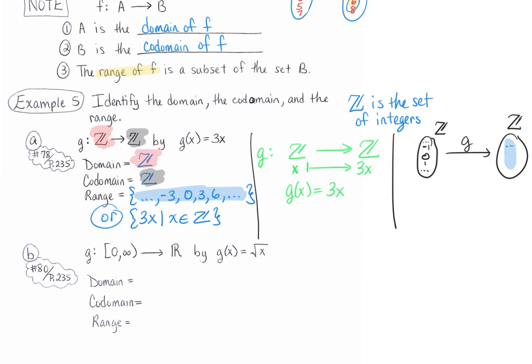So -3, 0, 3, and so on. Does that make sense? It lives inside of it. That's what we mean when we say that the range is a subset of your codomain. It's possible that it can be equal, but in this case it's not. We pick out the multiples of 3 from all of the integers.